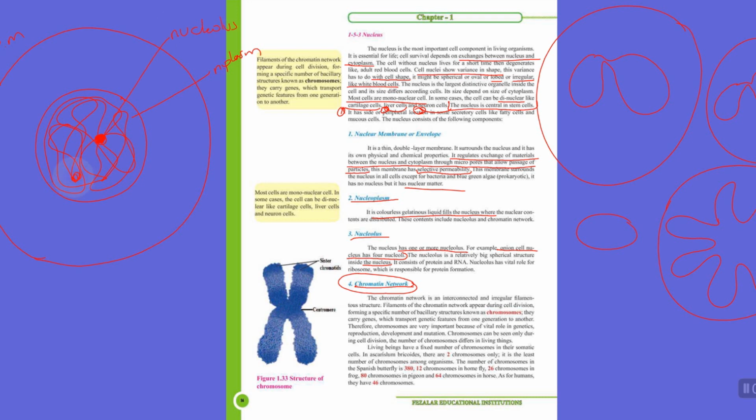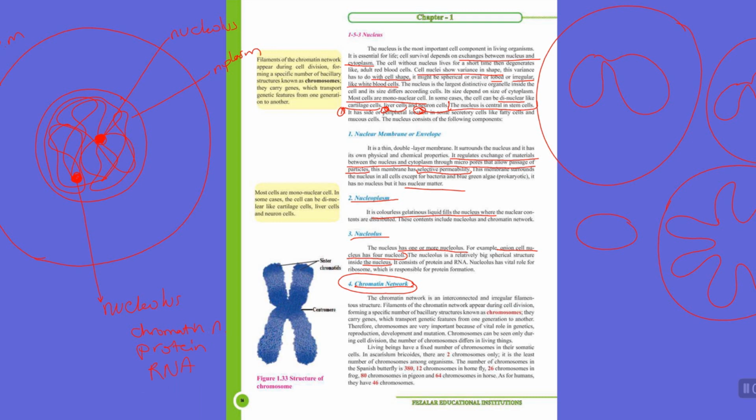So this dark and spherical structure in the nucleus, we call them what? Nucleolus. What does it contain? It contains chromatin network plus protein plus RNA.